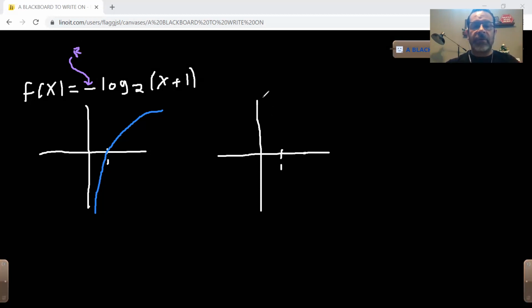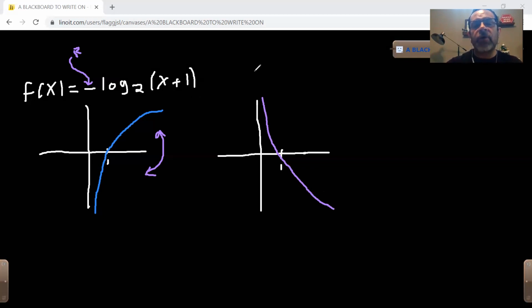And so what's going to happen now is that the graph is going to be reflected in this case in the x-axis. So what we're going to have is something like this. Okay. So that's that first part. It's going to be reflected.